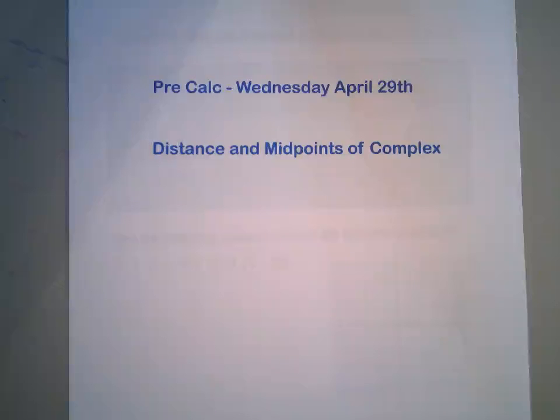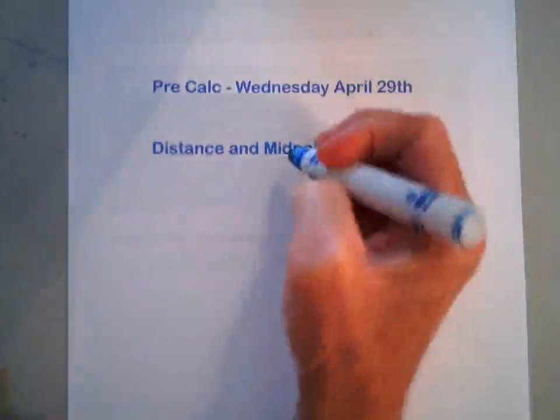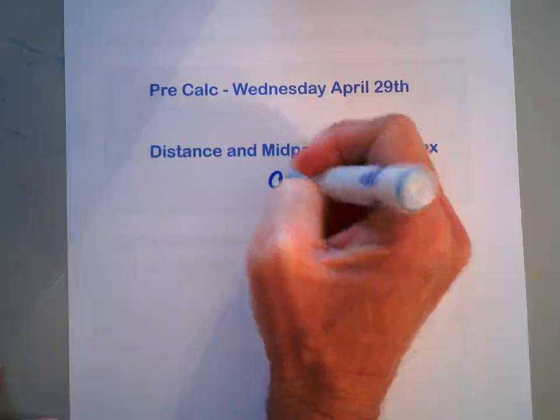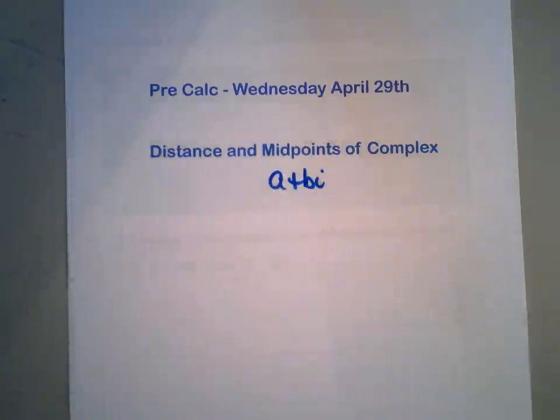We are doing distance and midpoint of complex numbers today. This is going to look very similar to distance and midpoint from geometry, except when we're done with midpoints, you have to make sure that your answer gets turned back into a complex number.